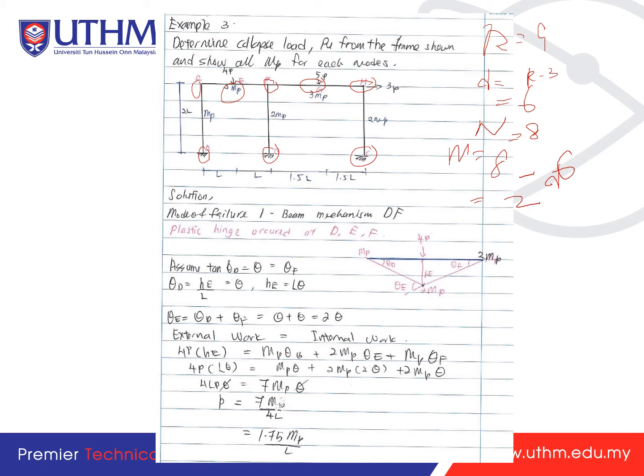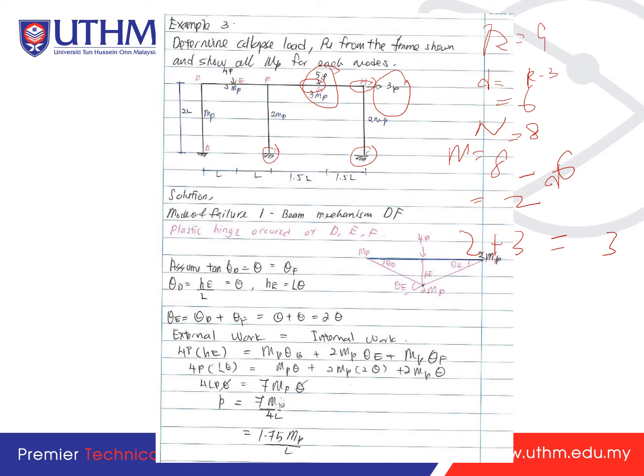Which means that we have 2 plus 1, which is equal to 3 mechanisms. One is the beam, caused by this 4P and this 5P, another one is caused by the sway, and another one is caused by the combined. So how can we calculate it?